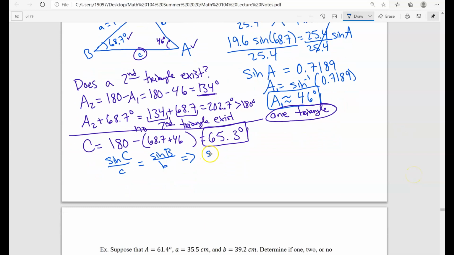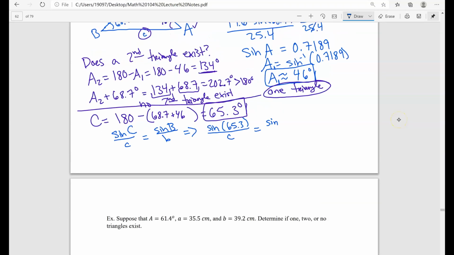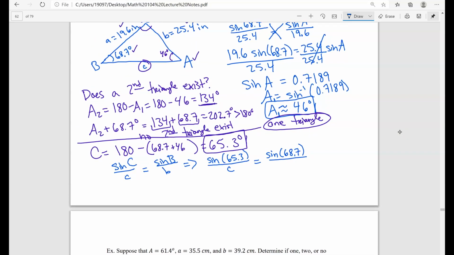So I'm going to have sine C, which in this case is 65.3, divided by little c, which I don't know, equals sine B. Sine B, what was B? B was 68.7 divided by little b. And little b in this case was 25.4.